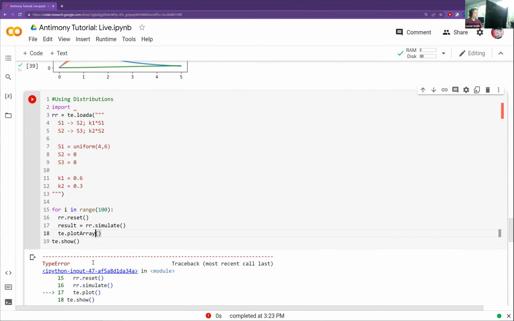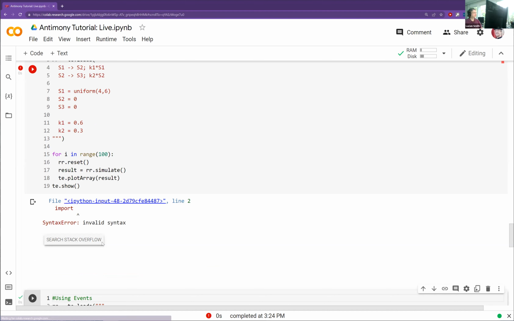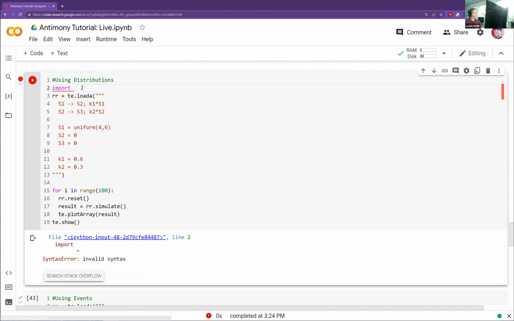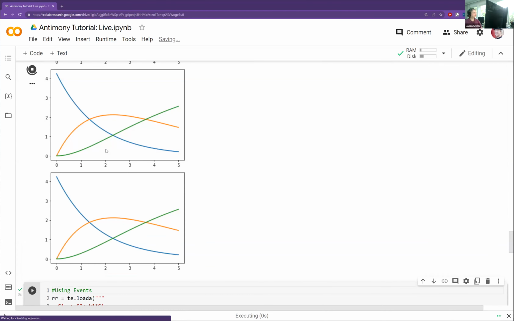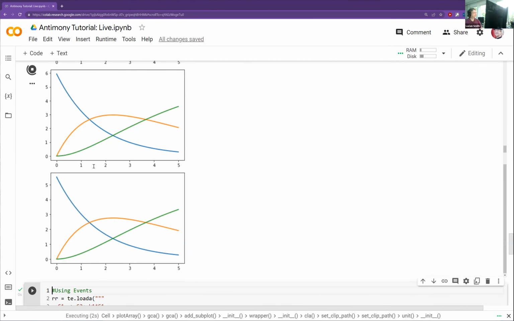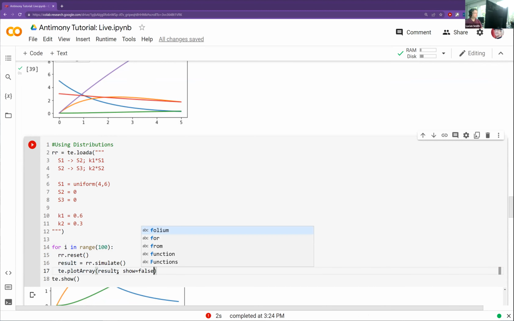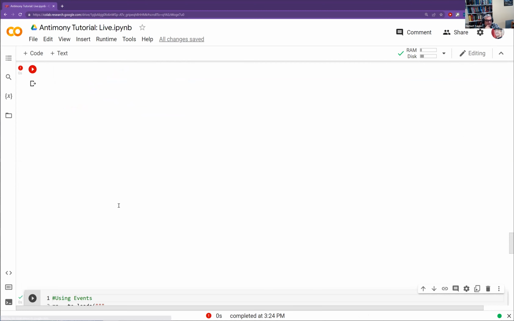Plot array results. Get rid of your input. Oh, because I was in the middle of importing something. You have to do show equals False for the plot array. Got it. Yeah, that's it. Capital F.